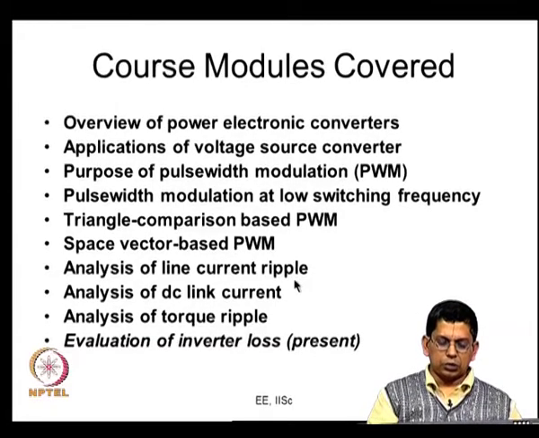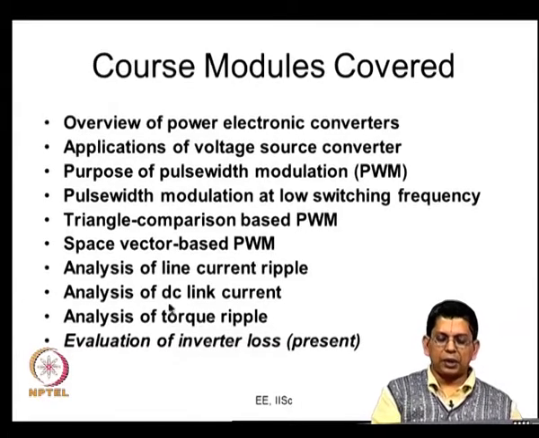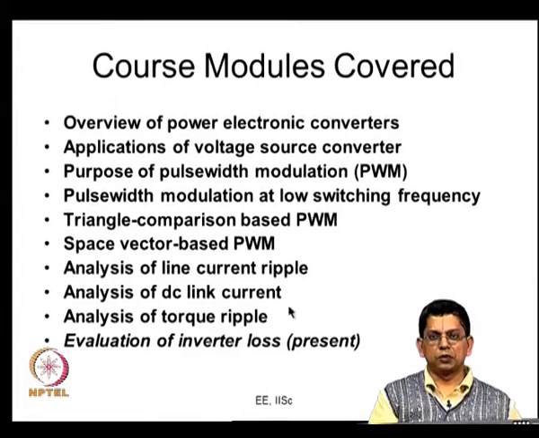We also showed that some advanced space vector PWM methods could be better in terms of torque ripple. We also evaluated the DC link current for various methods, and showed that the RMS value of DC link current is largely independent of the PWM method used.